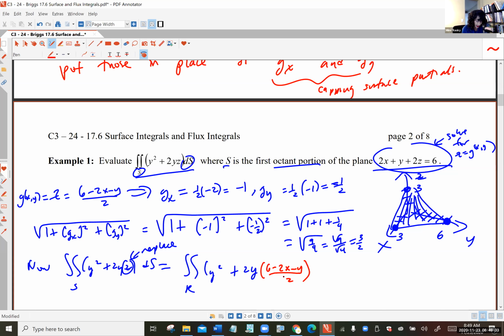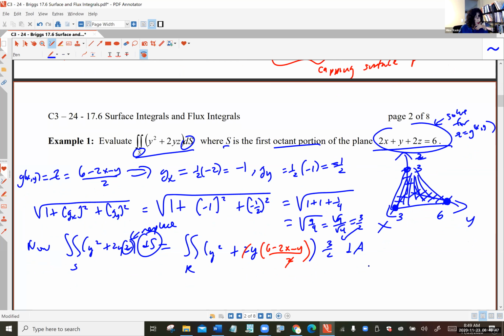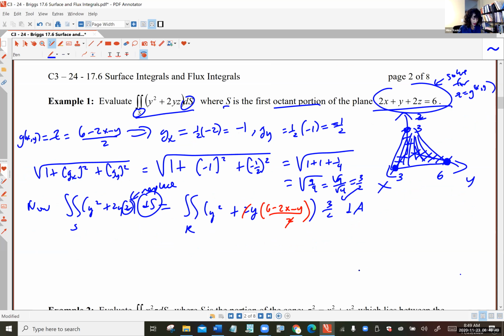And the good news is that these 2's cancel, so that looks a little bit nicer. And then you're going to have your dS, but we just got your dS, that's 3/2, and then of course dA. So this problem isn't too hard, and I'll just wrap it up here.